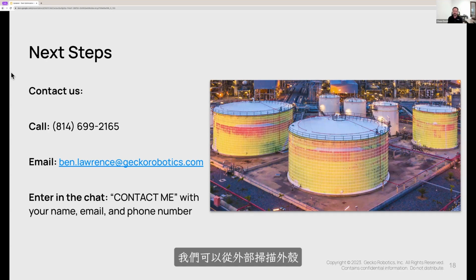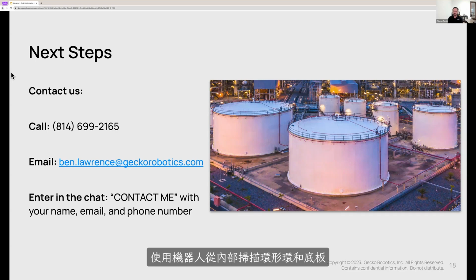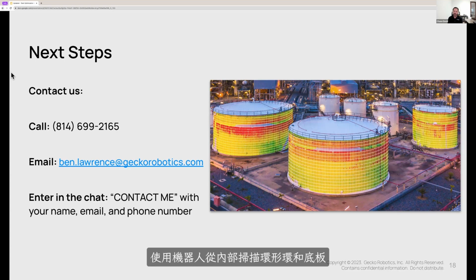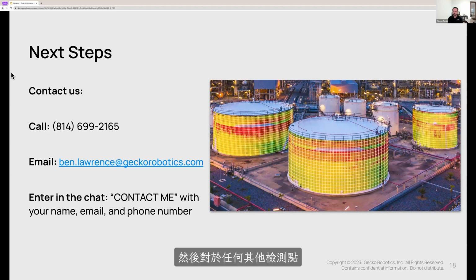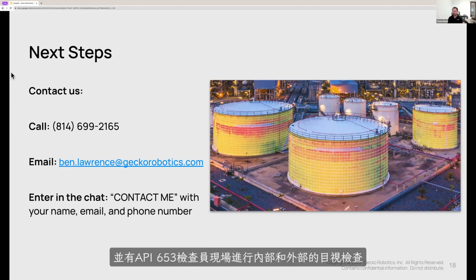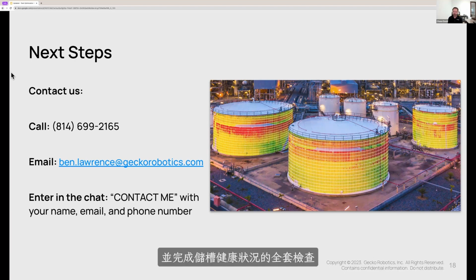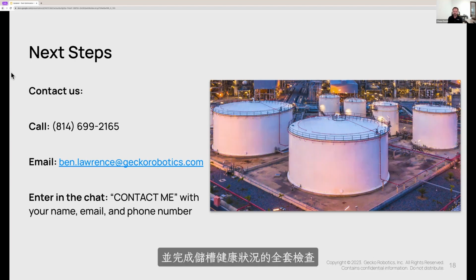But we can scan the shell from the outside. We can do the annular ring and the floor from the inside with the robot, and that would need to be fairly clean and free of debris. And then the roof, for any other inspection points, we can help or assist, have an API 653 inspector on site to do the internal and external visual inspections and go through the full checklist of the health of that tank.